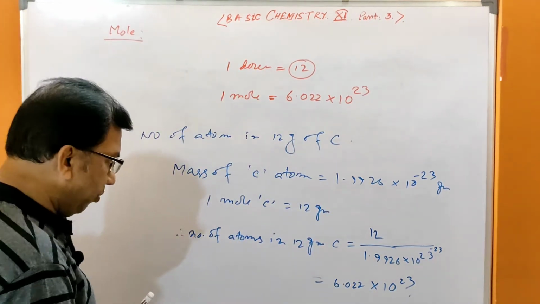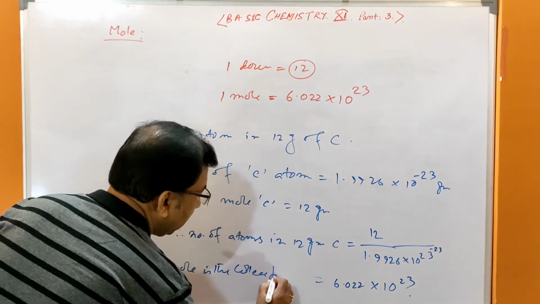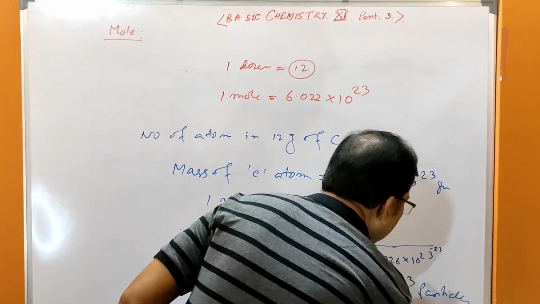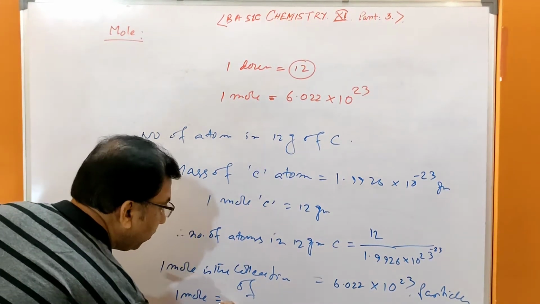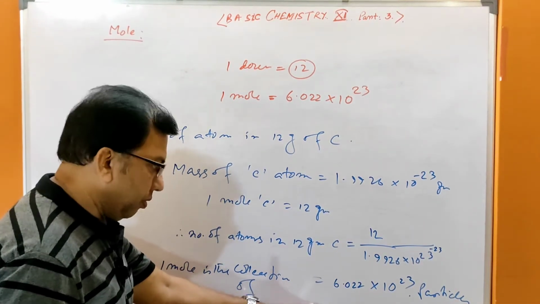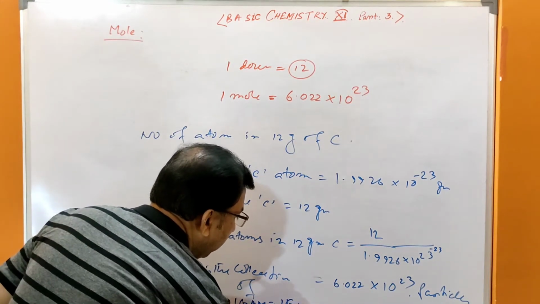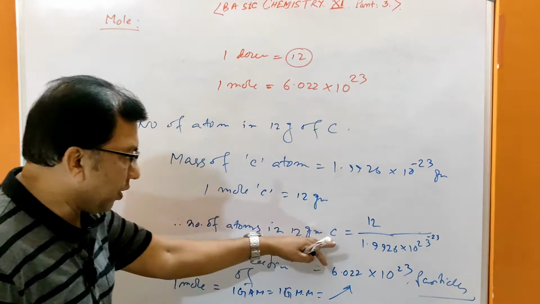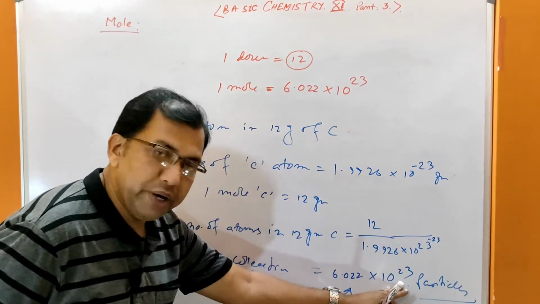We learn here 1 mole is the collection of these particles. 1 mole equals 1 gram atomic mass or 1 gram molecular mass, equals this many particles.